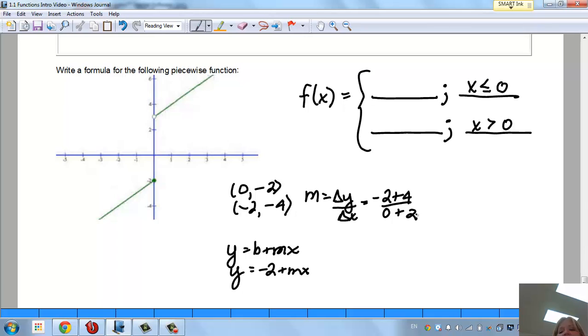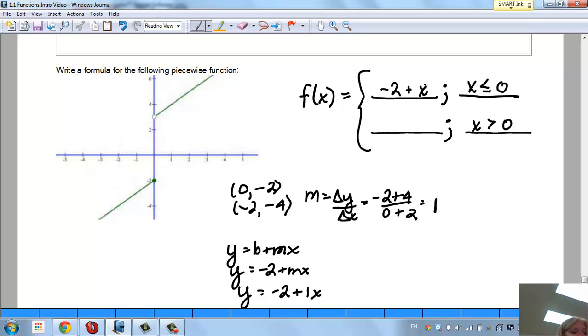So I have a 2 over a 2, so my slope comes out to be a positive 1. That means my equation is negative 2 plus 1x, or negative 2 plus x. So I'm going to put here negative 2 plus x. That is the equation. So my function goes to here to 0, stops at 0 with 0 included, and that's my formula. Now let's look at the other piece.